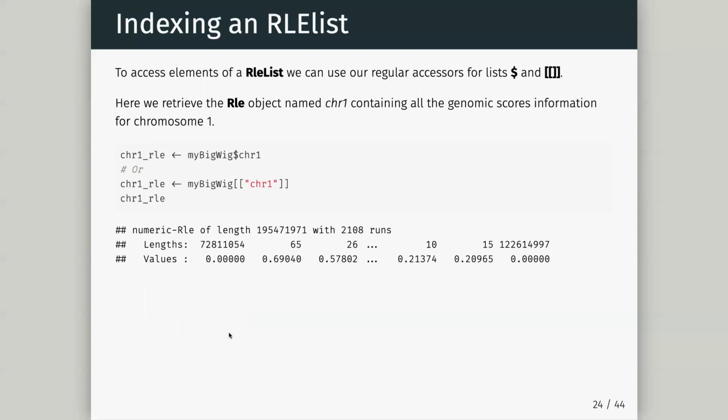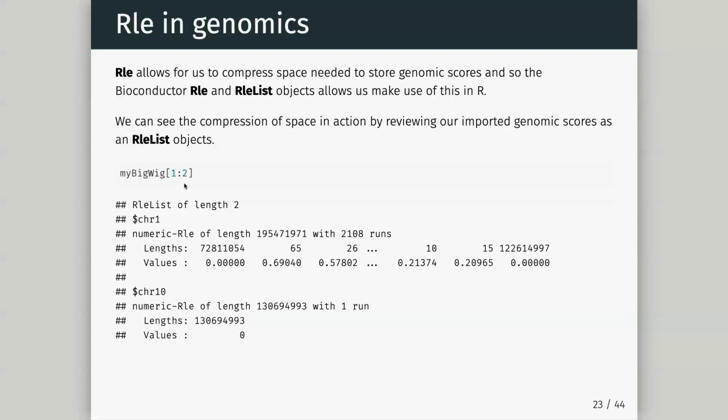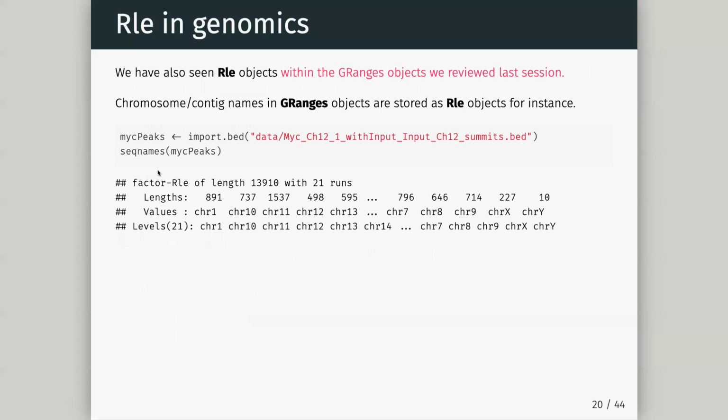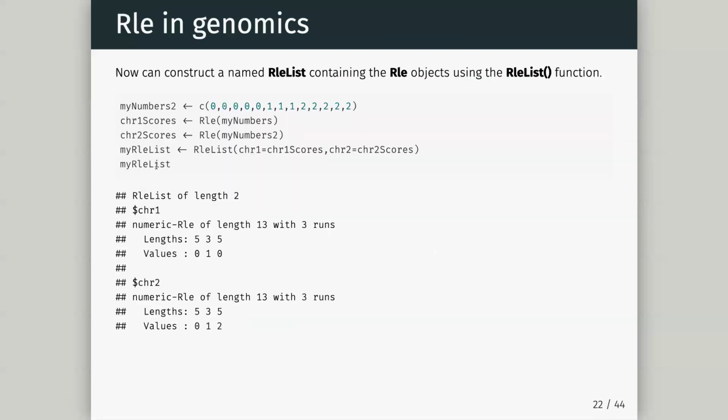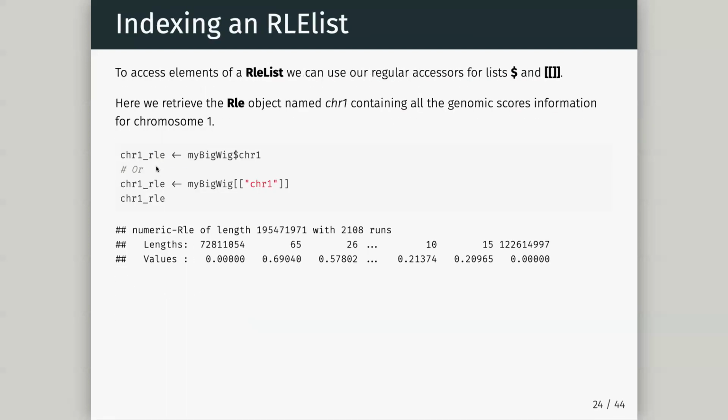To access these RLE lists we've read in, remember, my bigWig here was imported straight as an RLE list. So now if we want to start to access information within that RLE list, we can just use our standard list accessors. Most objects will allow us to access the elements within them using these types of accessors.